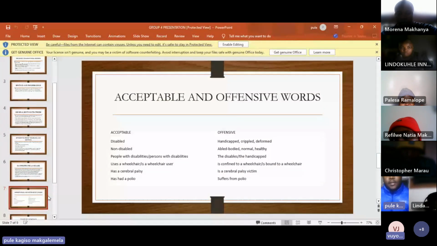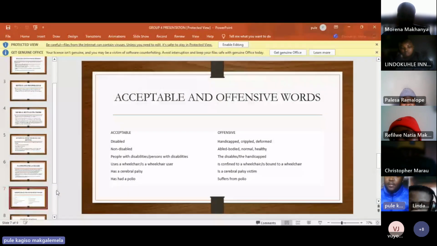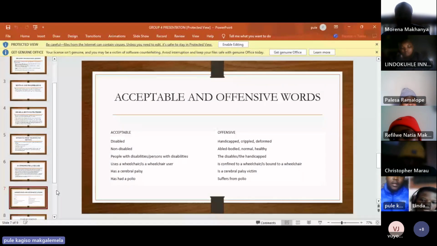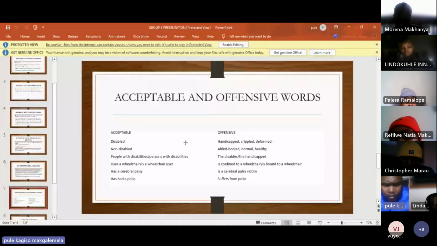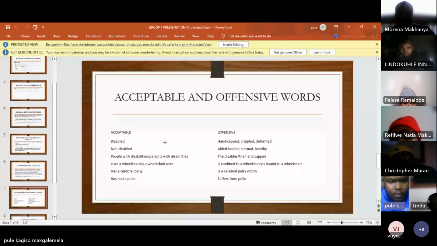So there are acceptable words and offensive words. I'm going to be teaching you how to use those words in an appropriate way. The acceptable way of referring to a disabled person is to say a person is disabled, instead of saying handicapped, crippled, or deformed.